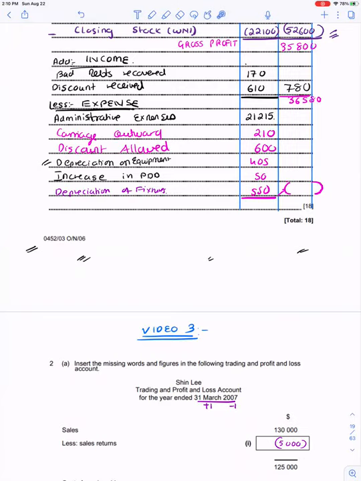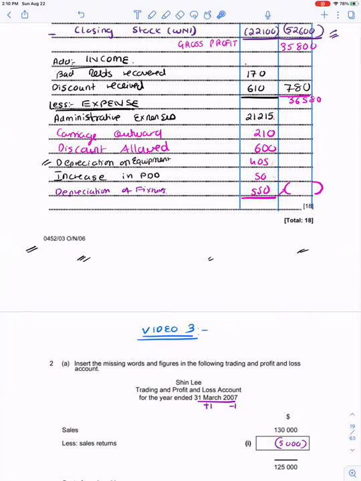Let's see, 21,215. Add 210. Add 600. Add 405. Add 50. Add 550.